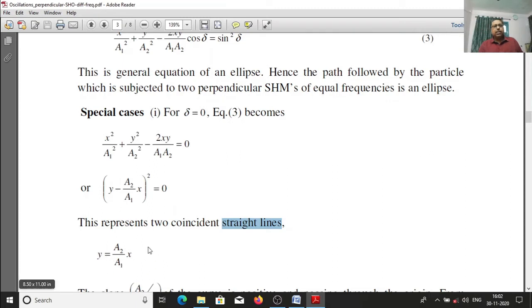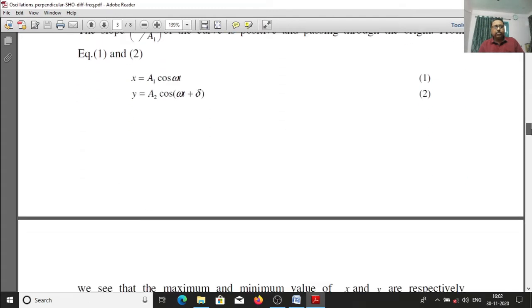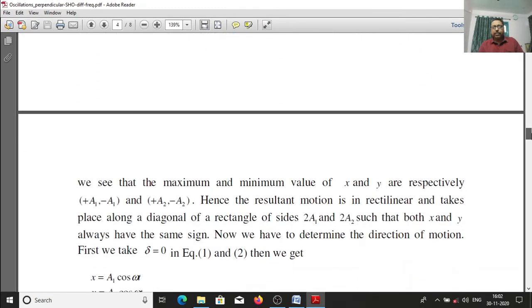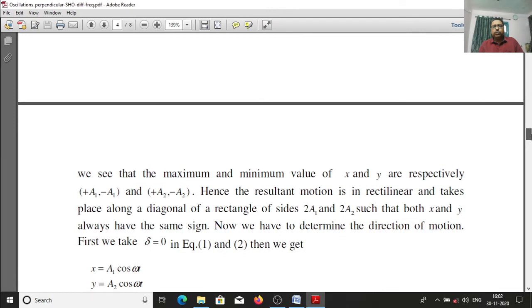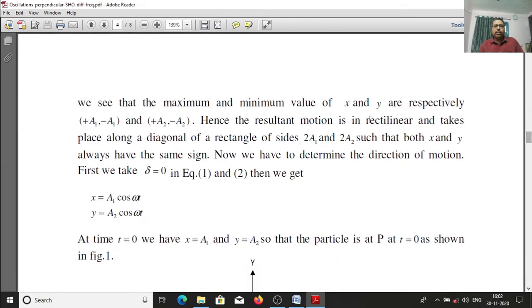This is a straight line whose slope is positive and which passes through the origin. That means the motion of the particle is along a diagonal of the rectangle of sides 2a1 and 2a2.